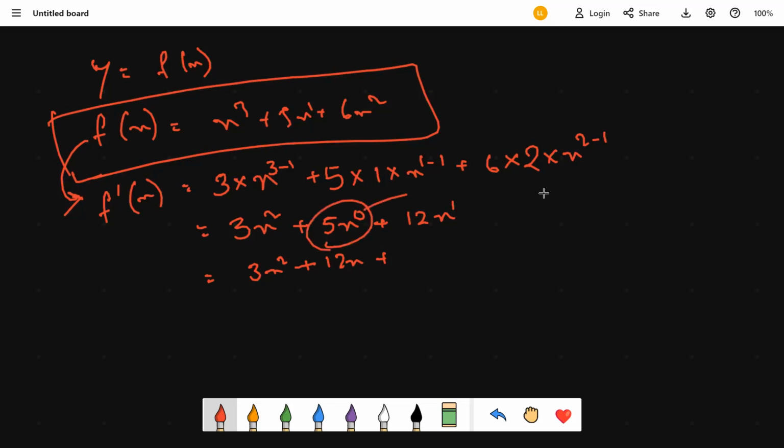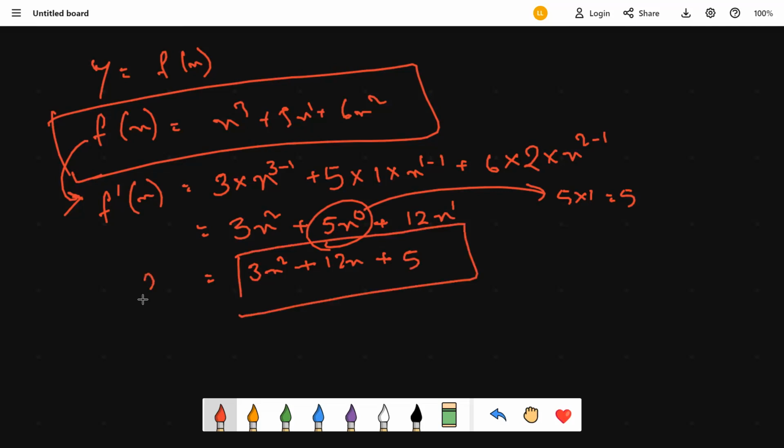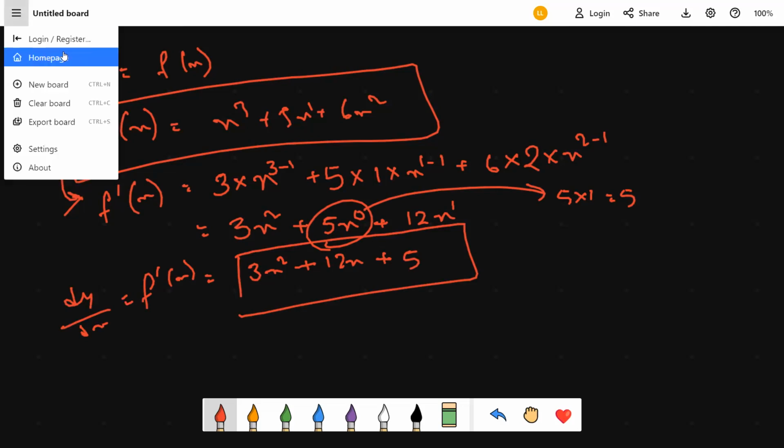This could also be written as 5 times 1, just 5. So this is the value of f prime of x, or the dy by dx value. That's how we also tend to write the equations.